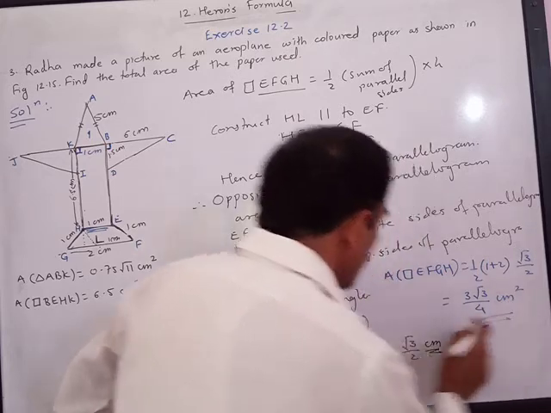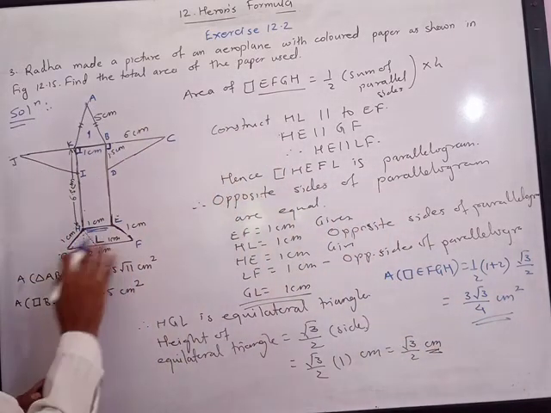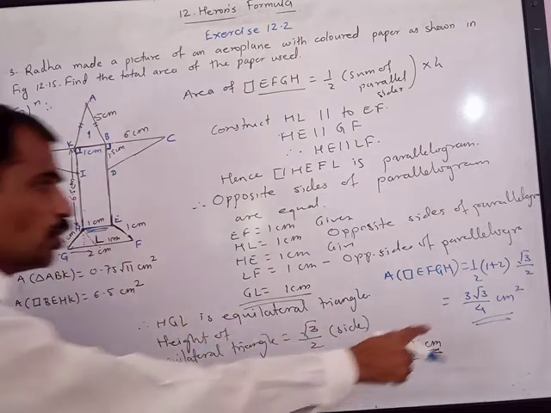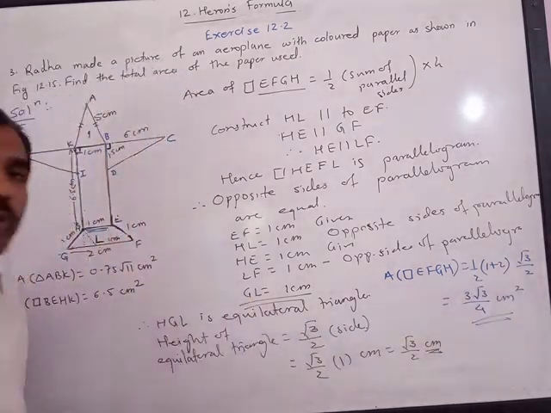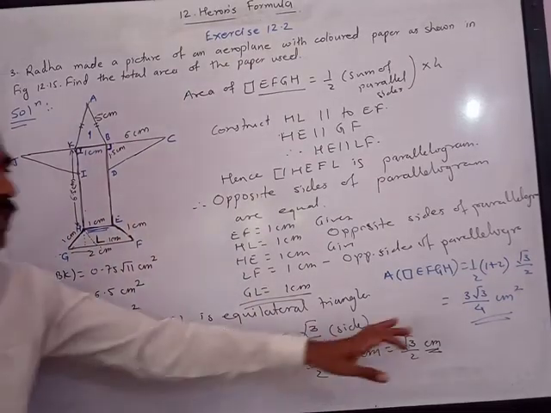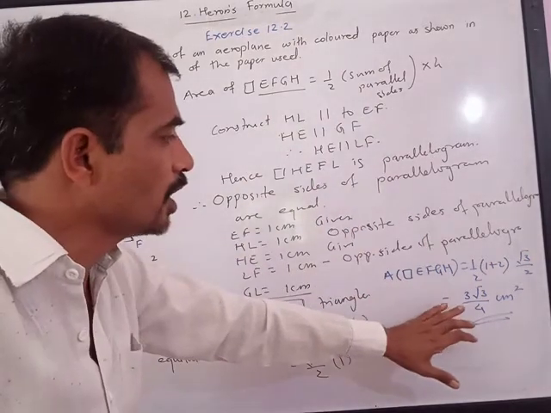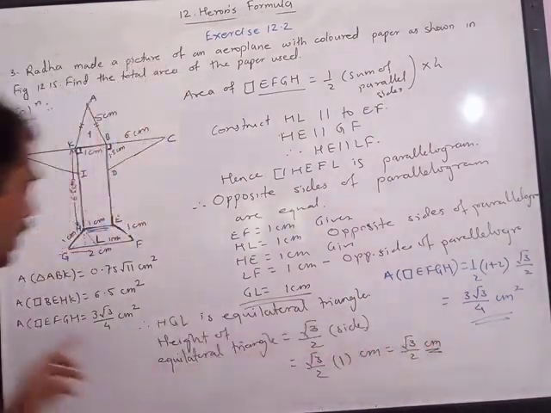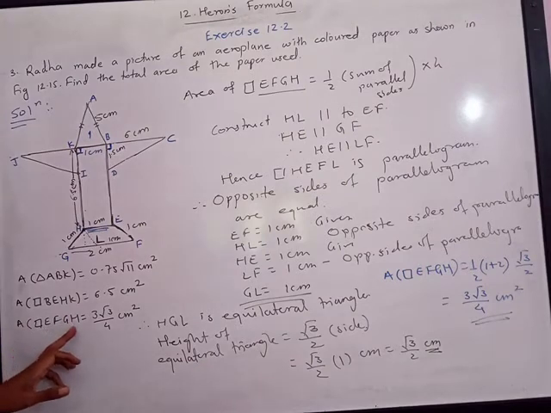So we have got the area of quadrilateral EFGH equal to 3 root 3 upon 4 centimeters square. Dear students, I will need this place to solve the further problem, so I am going to erase the board. I have written it here.